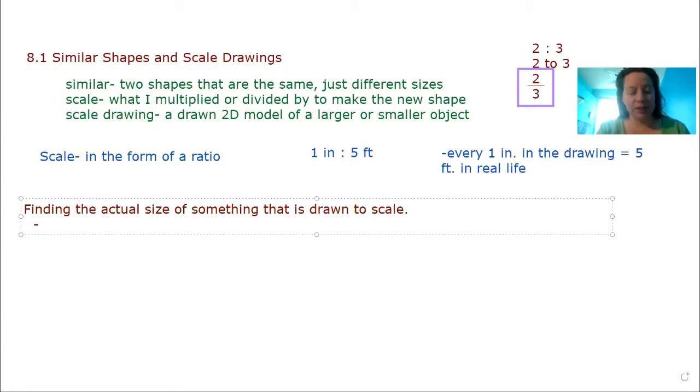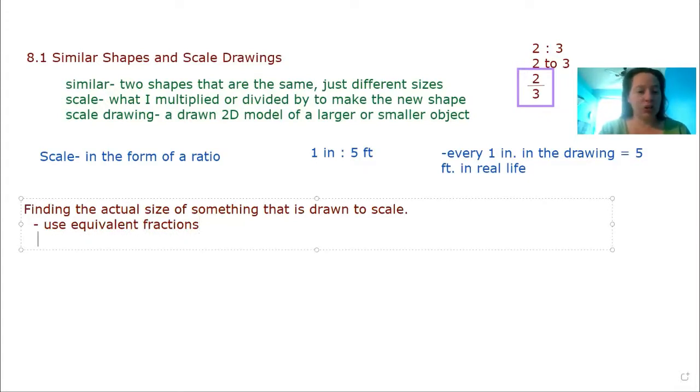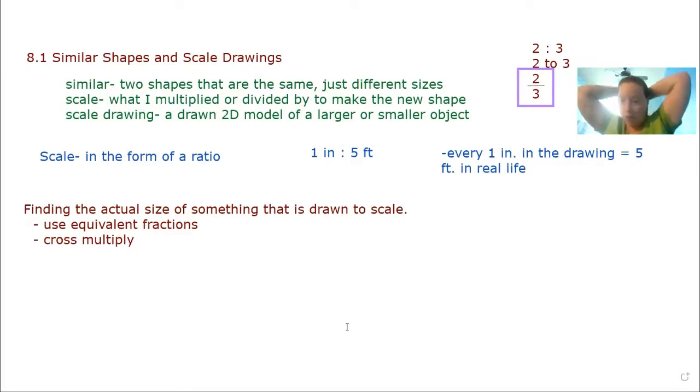First choice is use equivalent fractions. Second choice is cross multiply. In order to do either one of those, we have to first know what our fractions are. So I'm going to put this over here in green.